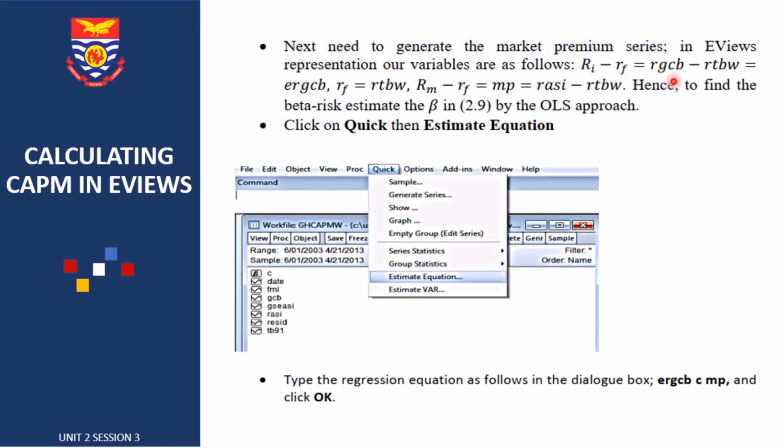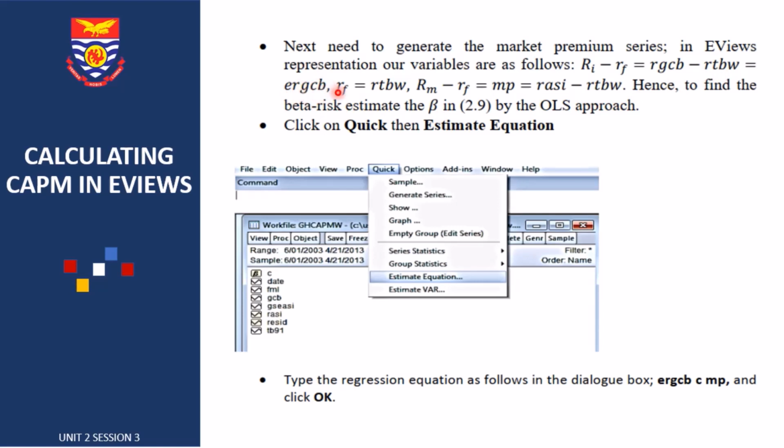The RI is the RGCB and RF is the R Treasury bill, so the returns of the Ghana Commercial Bank stocks and the returns from the government Treasury bill. RI minus RF will be equal to the excess returns of GCB.